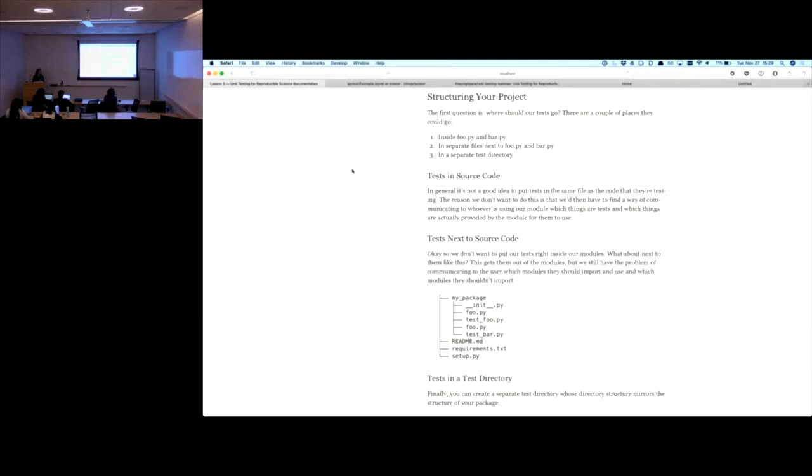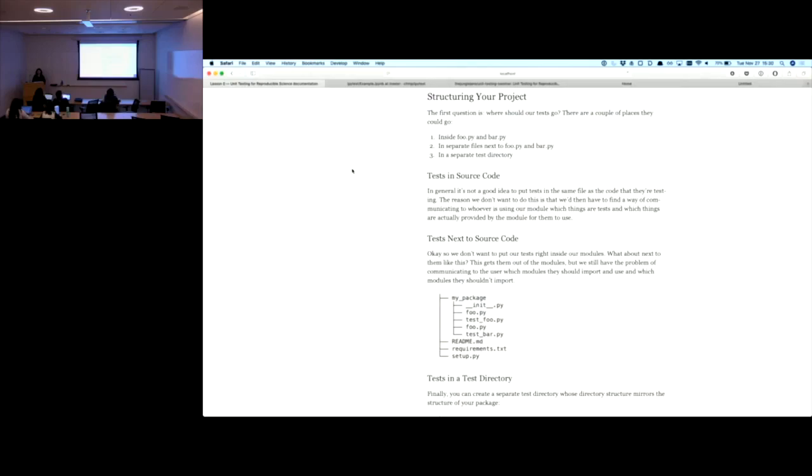So, putting your tests in the source code file. The pro that I hear for this is that it helps you remember to update the tests when you're changing code, because they're right there in the same file. But it's really not a good idea to put your tests in the same file as your source code.